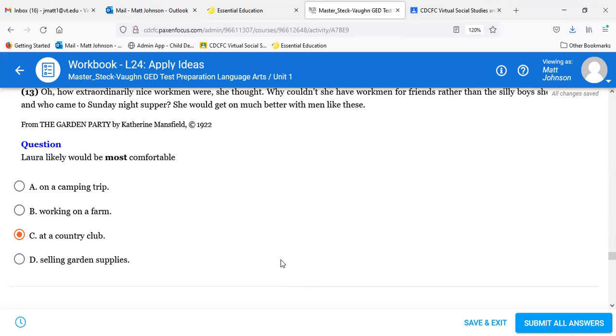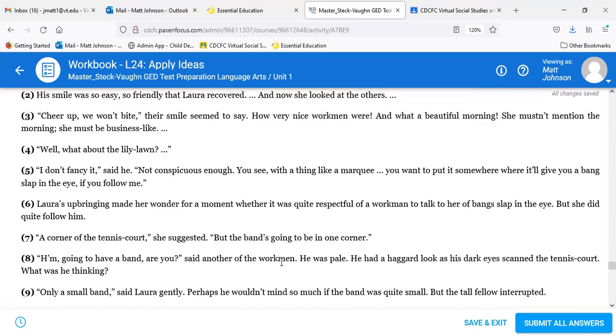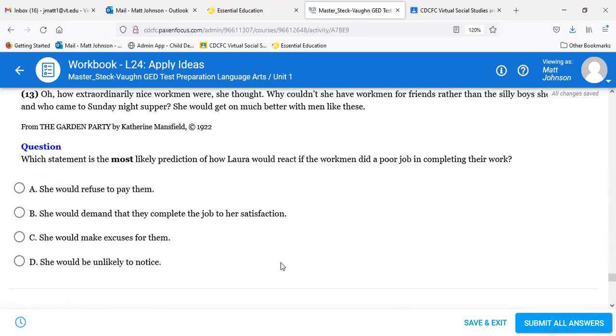Right. And let's see, 11. Grace, you want to read number 11? Which statement is the most likely prediction of how Laura would react if the workmen did a poor job in completing their work? A, she will refuse to pay them. B, she will demand that they complete the job to her satisfaction. C, she will make excuses for them.